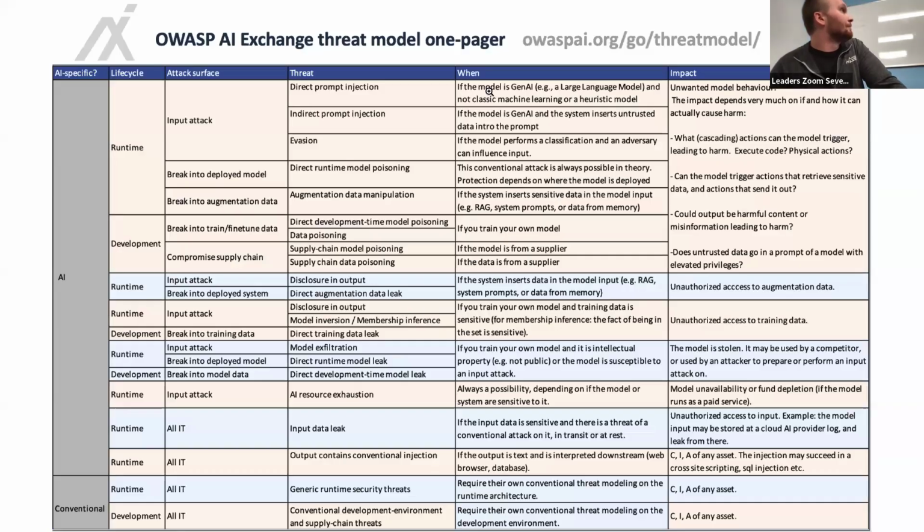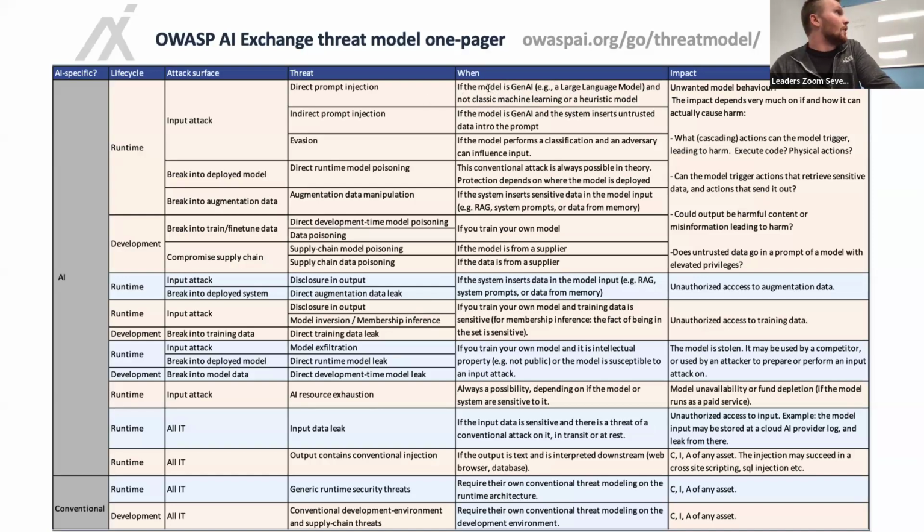For our example, the scenario I used was this RAG setup, where you had the ability to answer a prompt. So our model is a Gen AI model, and that applies here, but it's not your classical machine learning or heuristic model. It doesn't apply under those categories.